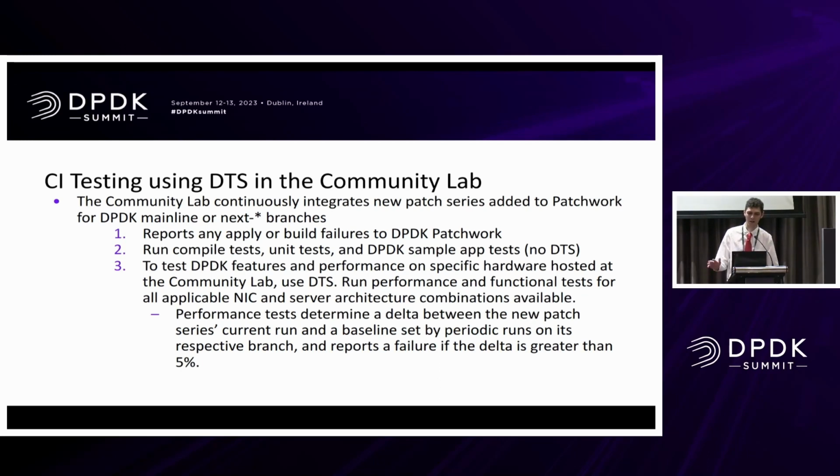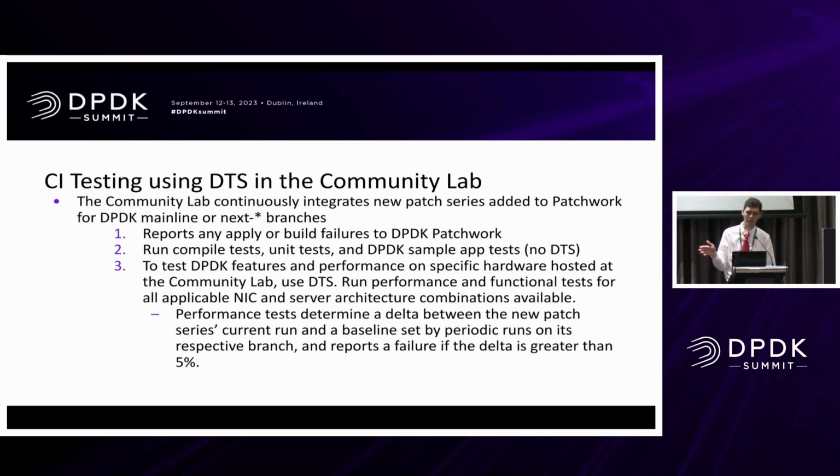We're testing for some function in DTS, and if it fails on, say, a particular NIC, we report a failure. And for performance testing, what we're running in the lab is basically a single core forwarding test, and we periodically run that for a particular branch and a particular environment and NIC.